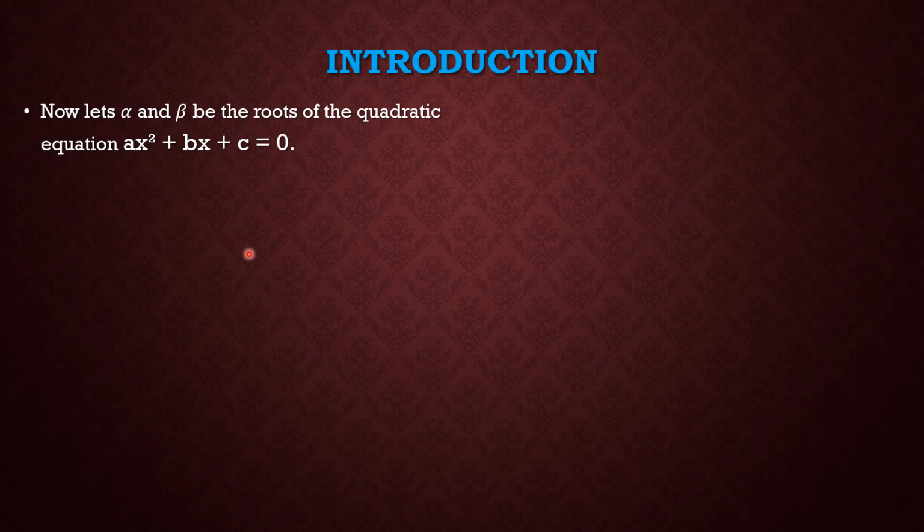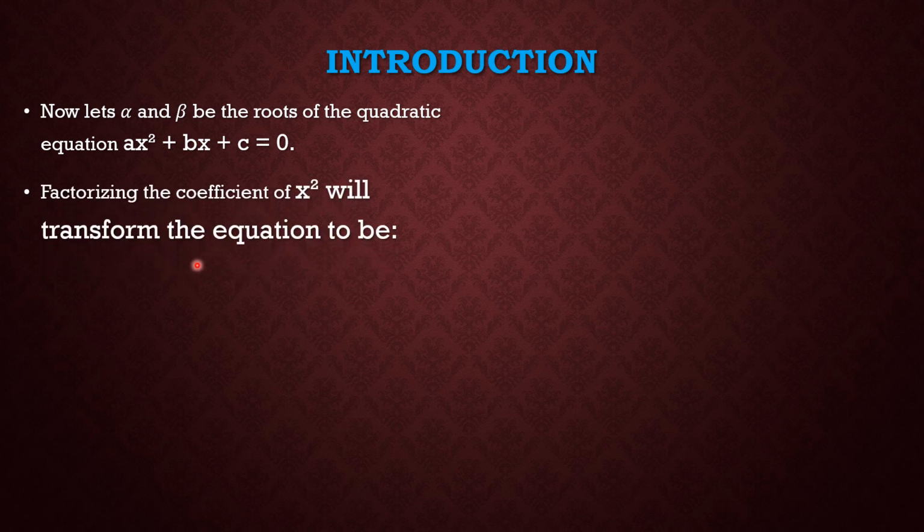So if we are going to repeat the same process from the first slide, then we need to understand that we can also factorize the a out of this equation for us to get an expression of the form x squared plus b over a x plus c over a equal to 0.